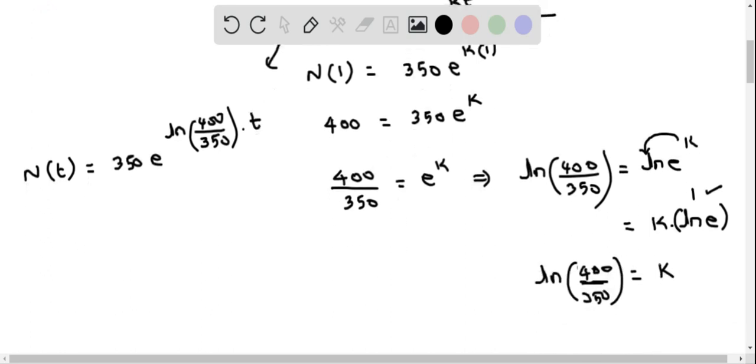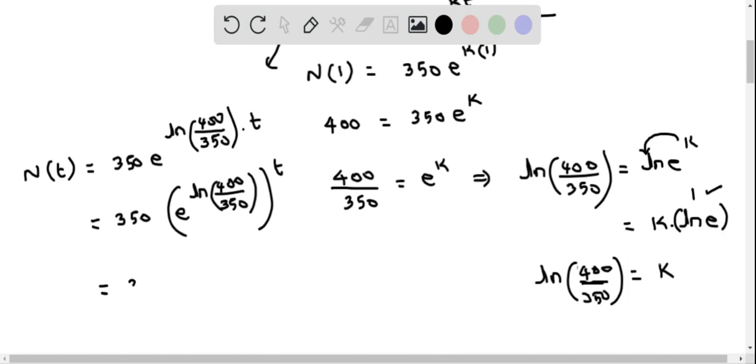Now we can simplify this further. We write 350. This is an exponent. We write this as e raised to the power of natural logarithm of 400 over 350, and this one raised to the power of t.